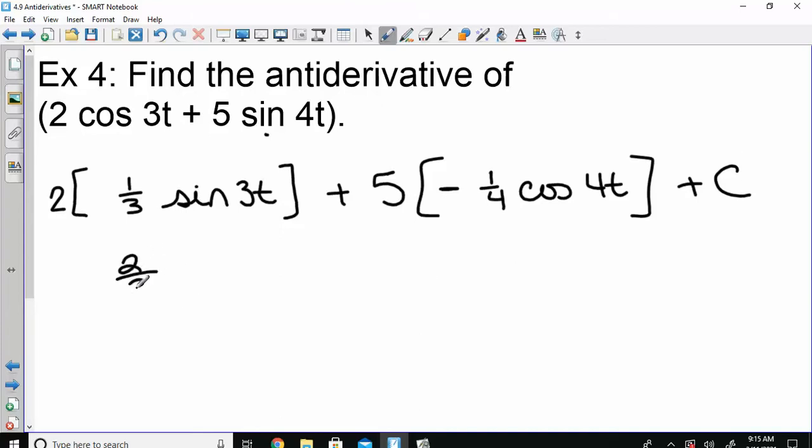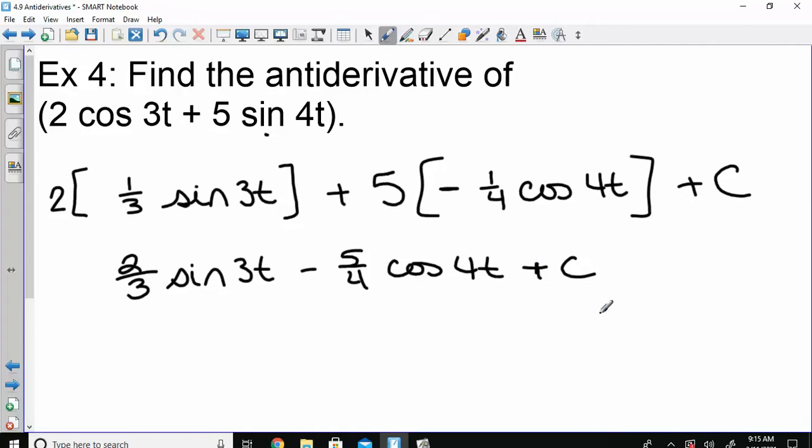So 2/3 sine of 3t minus 5/4 cosine 4t plus c. Again, if you're not sure, do the derivative and check it. Derivative of sine is cosine, angle stays the same, times the derivative of the inside.